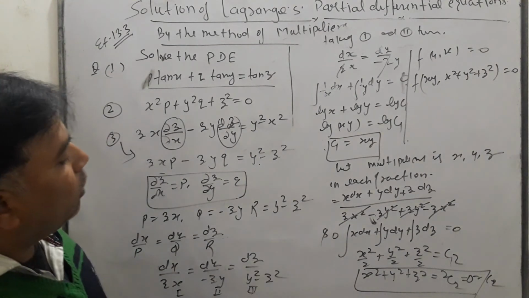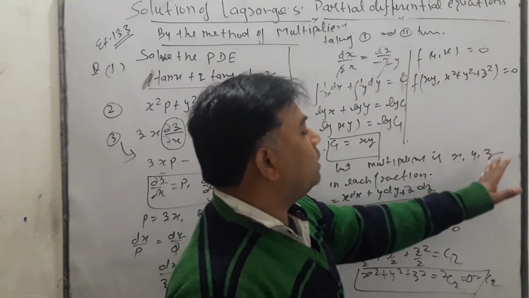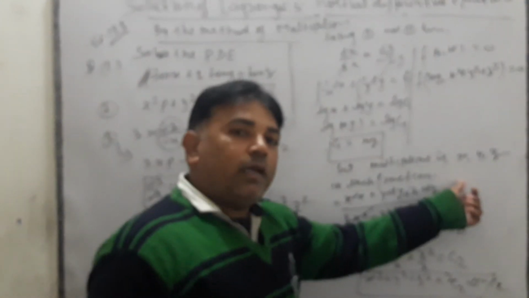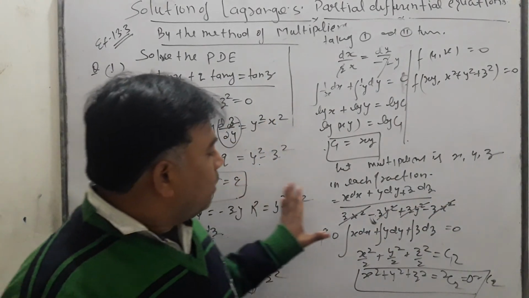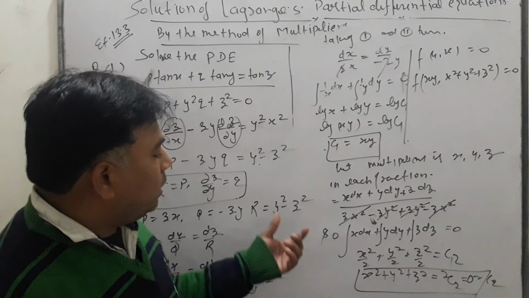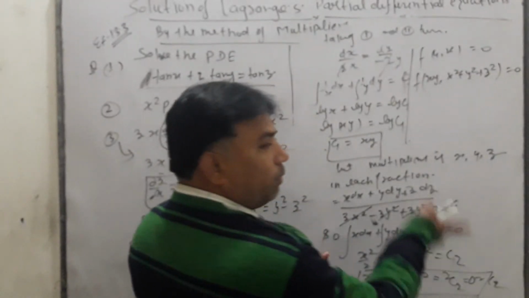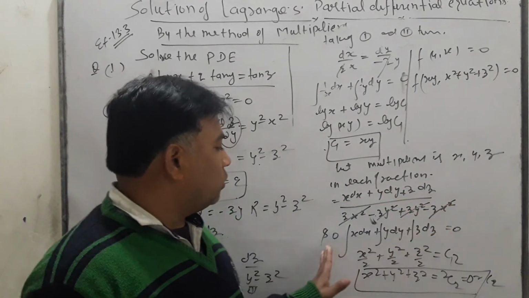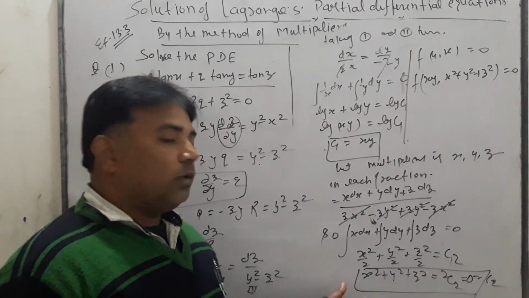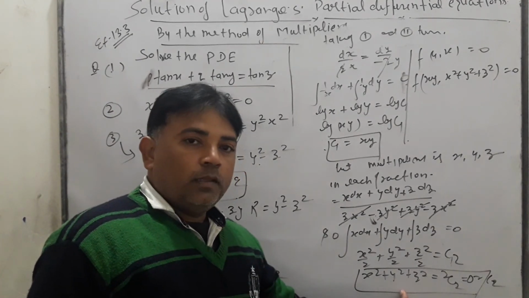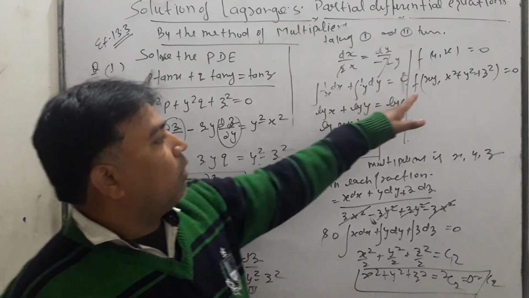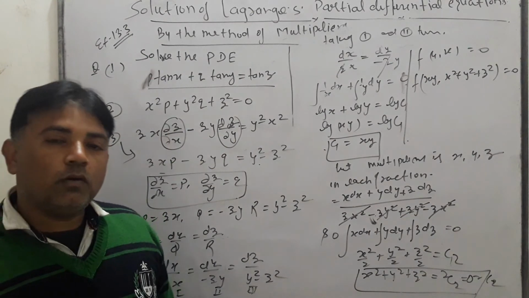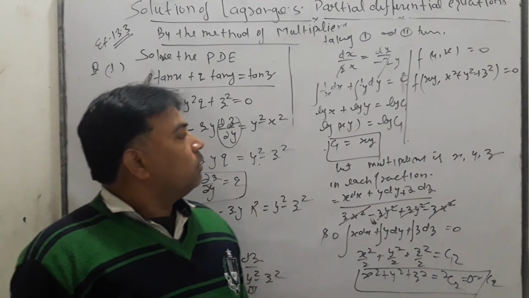Let the multipliers be x, y, z, meaning x multiplied by dx, y by dy and z by dz. After that you add all terms and see that the denominator will be 0. This method is also called the method of multipliers. So x dx + y dy + z dz = 0. On integrating this, you get the second solution. So the complete solution of this question is F(xy, x² + y² + z²) = 0. That's all in this video.